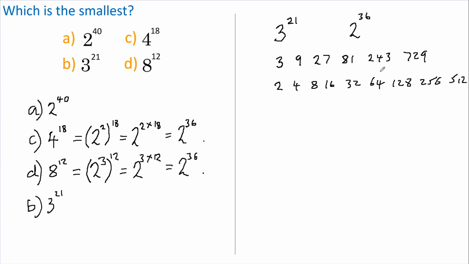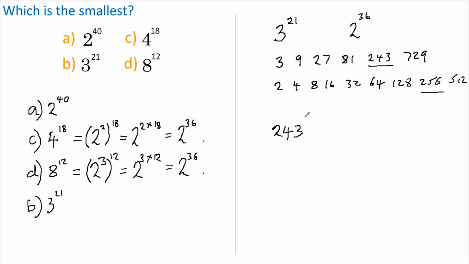Now, what we're looking for here is 2 numbers that are quite close together. And I think we're going to go with 243 and 256. So 3 to the power of 5 is 243. And if we divide 21 by 5, then these terms are equal.